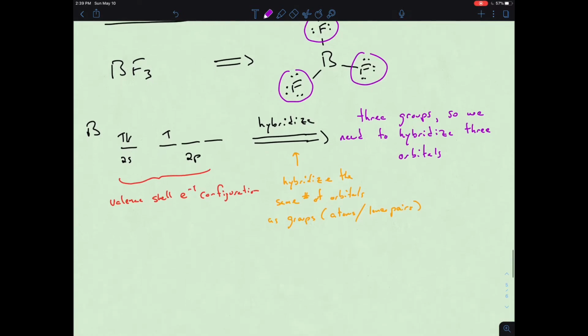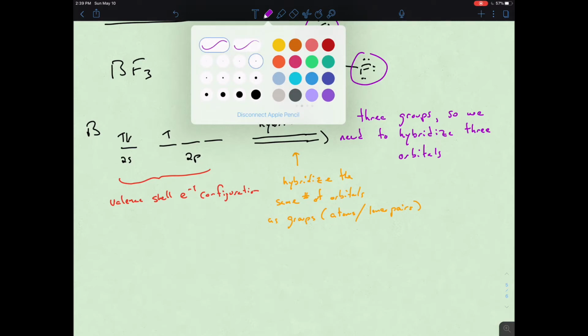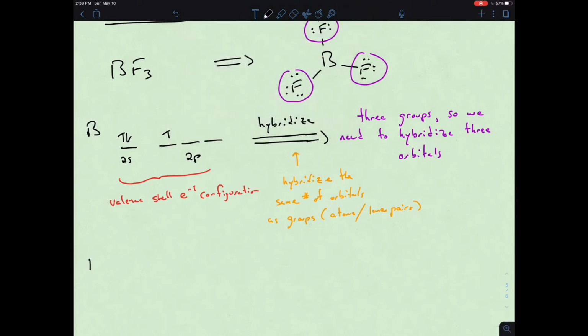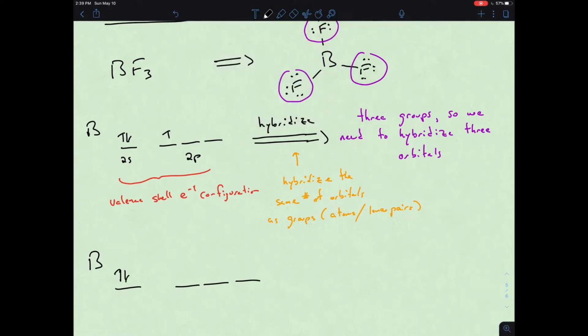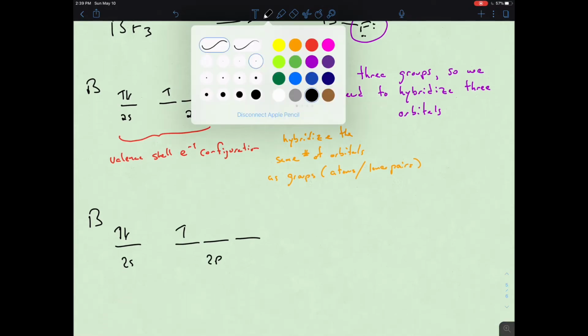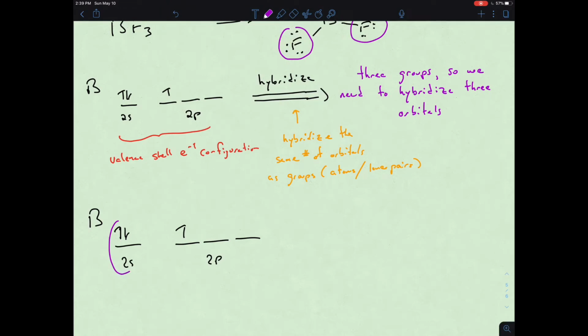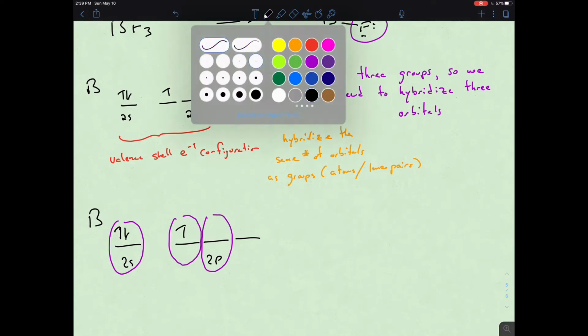So if we come back down to that notion of the boron, we have our valence electrons, and we need to hybridize now 3 orbitals going forward.